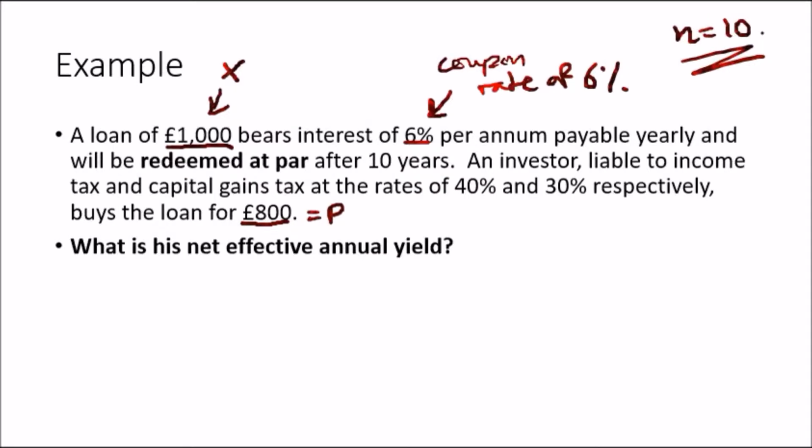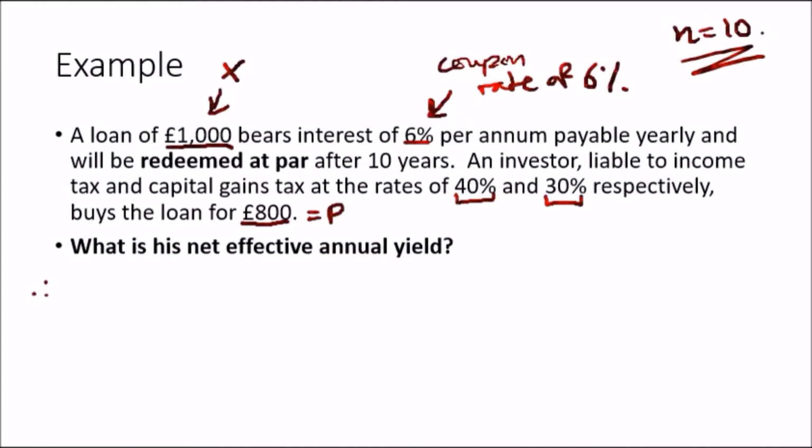We also know that there's a situation of tax involved where we have the income tax and capital gains tax. No problem. But under the situation, the question is, what is his net effective annual yield? This is assuming that there is in fact capital gains if we are trying to find the yield, because there will be capital gains. So under the assumption there is, we can therefore write the equation of value.